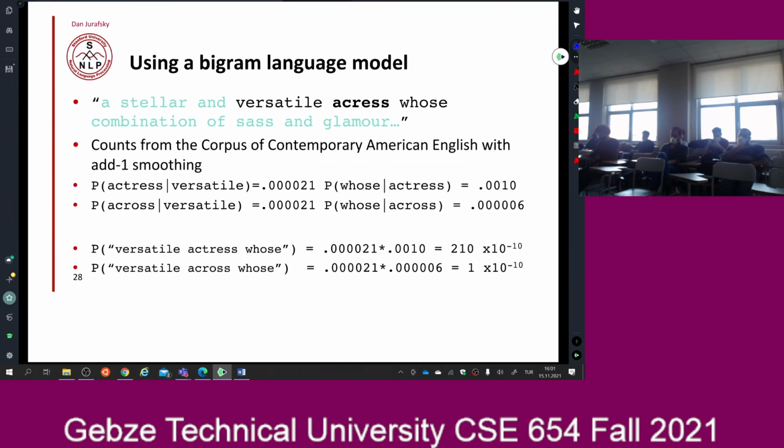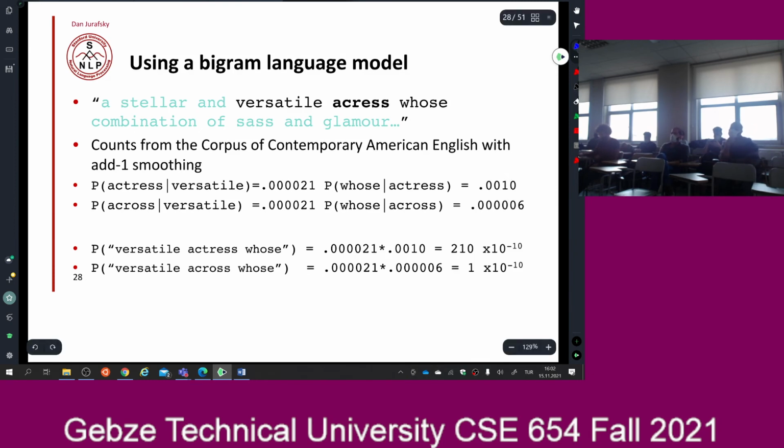If we do the same thing with the bigram model, which is the better one, okay, if somebody typed this as: stellar and versatile actress, misspelled, whose combination of sass and glamour. If you read the sentence, this is about a magazine, about movies. So if I use the bigram model, given the previous word being versatile, what is the probability of having actress, and given the previous word being versatile, the probability of typing across is this one and this one.